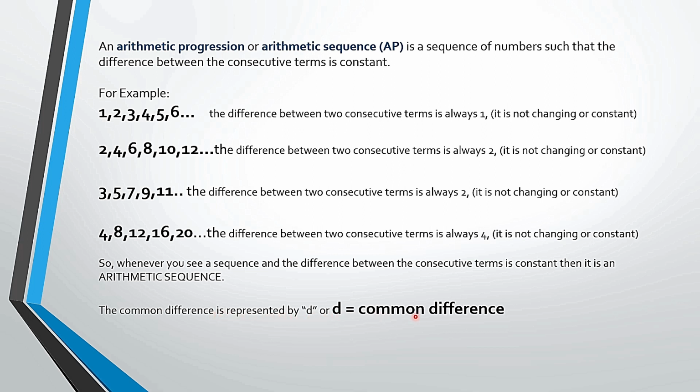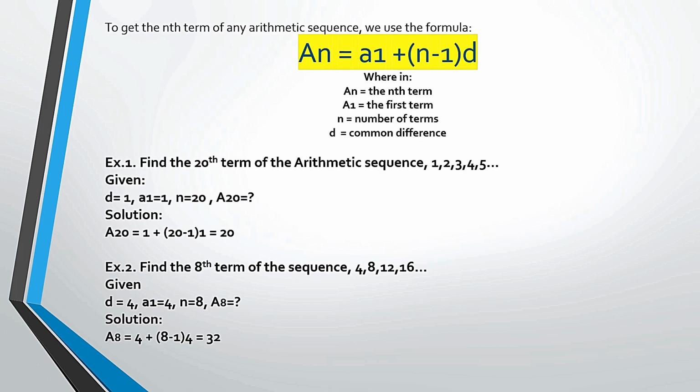To get the nth term of any arithmetic sequence, we use the formula a sub n is equal to a sub 1 plus the quantity n minus 1 times d, wherein a sub n is equal to the nth term, a sub 1 is equal to the first term, n is equal to the number of terms, and d is the common difference. Let us now proceed with an example.